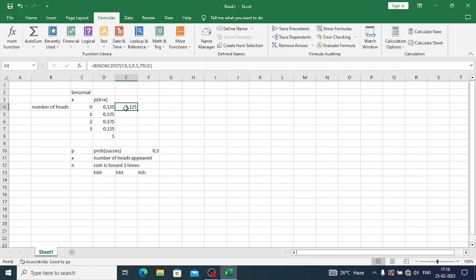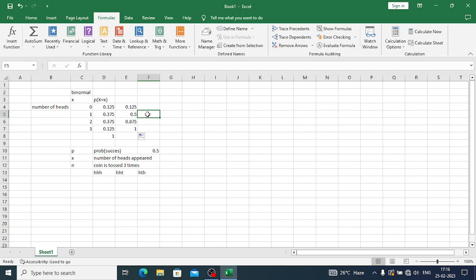As cumulative probability, for the first one it will be 0.125. Then at the second it is true, so they are going to add these two probabilities, 0.125 plus 0.375. That is what it is indicating: the probability that number of heads is less than or equal to 1.